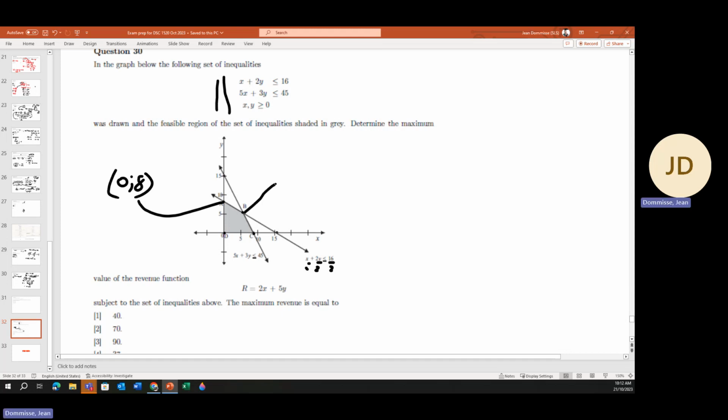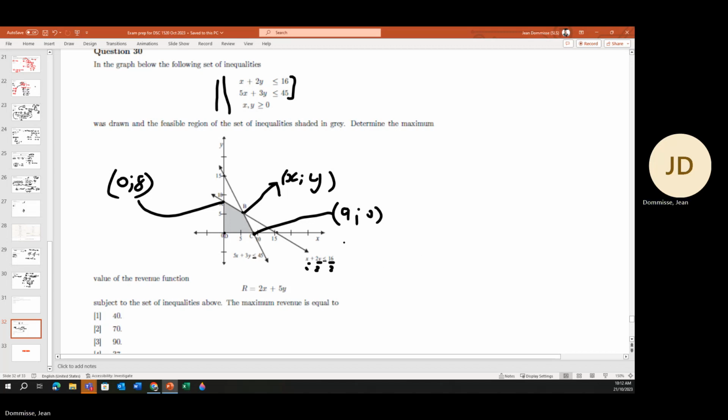At this point, we don't know, so we will need to work out those two formulas and work out what the X and Y will be. And at this point, if we look at that, we know that 45 divided by 5 will be 9. So we know that X is 9 and Y is 0.